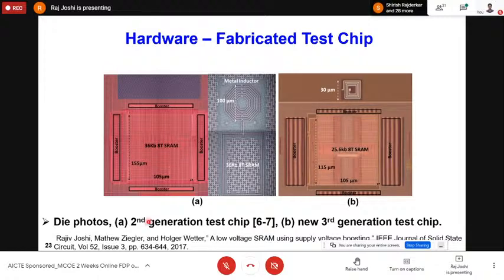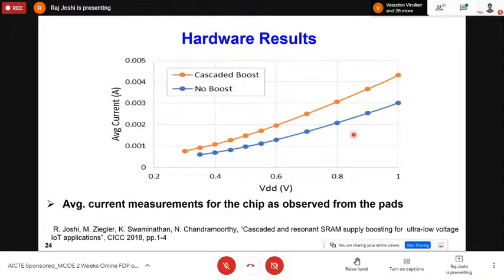This is your second generation test chip with an inductor, a metal inductor. Originally it was large, but we could cut it down nicely to 30 micron for our third generation test chip. So bottom line is, you can be innovative in fabricating these chips, and the idea behind this is how to lower power, right? And that's what we are doing here.